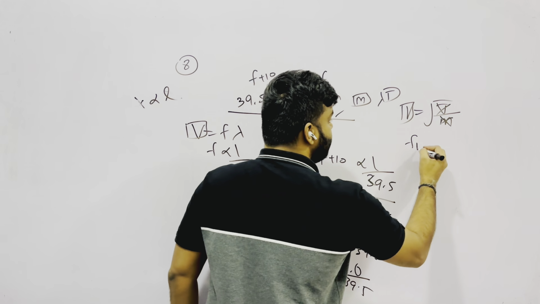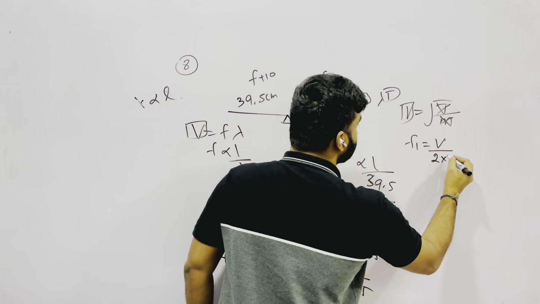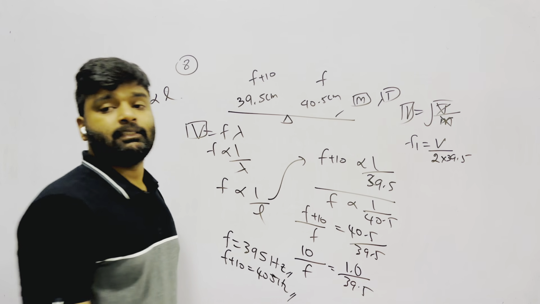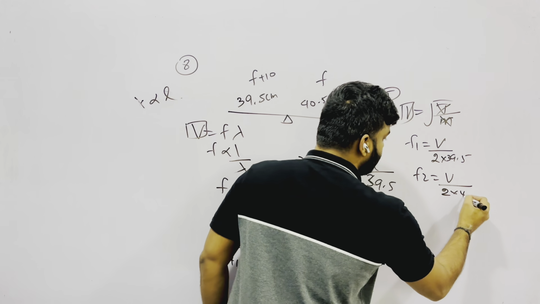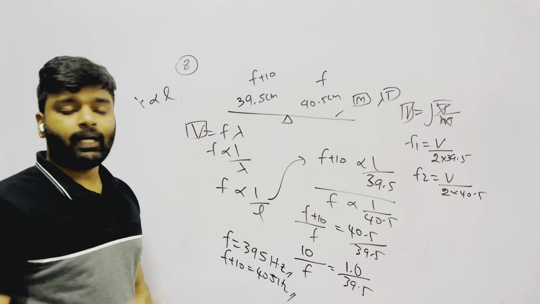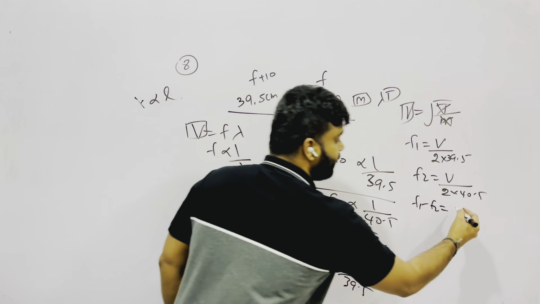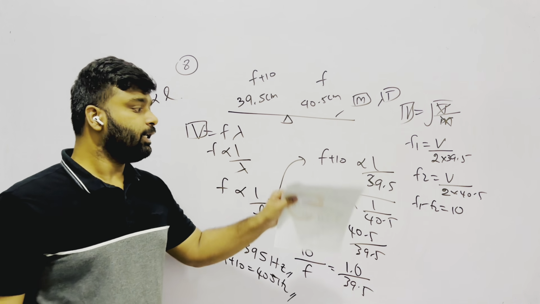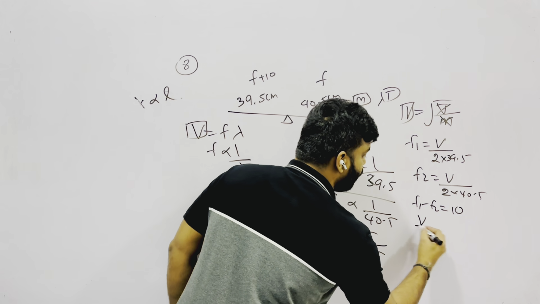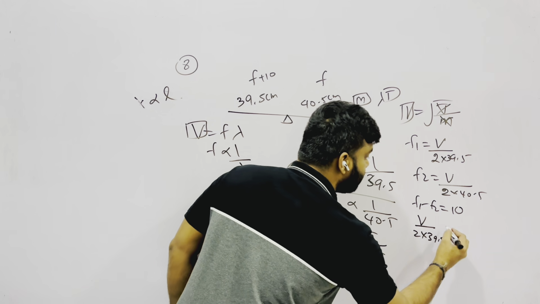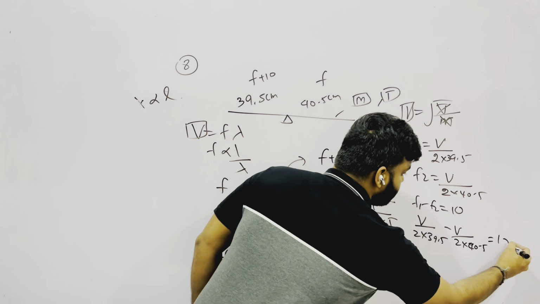You can write F1 is equal to velocity over wavelength. Wavelength is equal to 2 into 39.5. Similarly, you can write F2 is equal to V over 2 into 40.5. You can subtract and write the equation F1 minus F2, the beat equation, that is equal to 10. Beat is equal to the difference of the frequencies. Then you can substitute F1 as V over 2 into 39.5, and F2 is equal to V over 2 into 40.5. That is equal to 10.